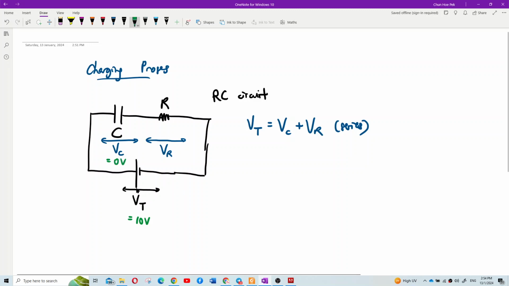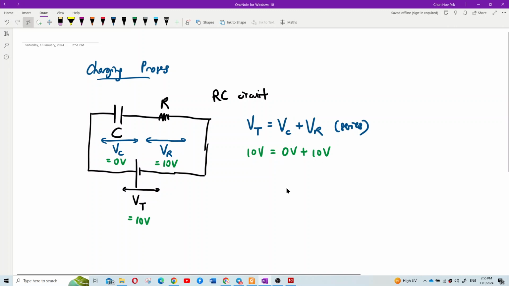But for the resistor, it takes all the voltage, 10 volt. So the potential difference across the capacitor is only 0 volt, which means all the voltage is taken by the resistor. So I can say it's like 10 volt equal to 0 volt plus 10 volt. Okay, so capacitor initially uncharged.